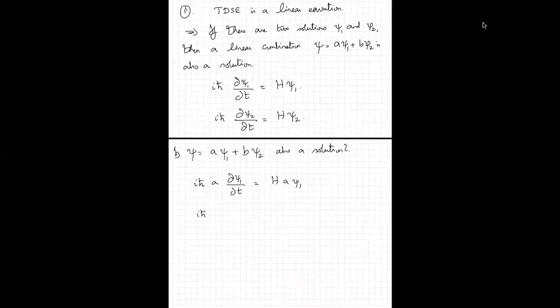The second equation, B d psi 2 dt equals H B psi 2. Now let me add both equations. I get i h bar d dt of A psi 1 plus B psi 2 equals, on the right hand side, H acting on A psi 1 plus B psi 2. I can clean this up by writing A psi 1 plus B psi 2 as my solution psi, so i h bar d psi dt equals H psi.